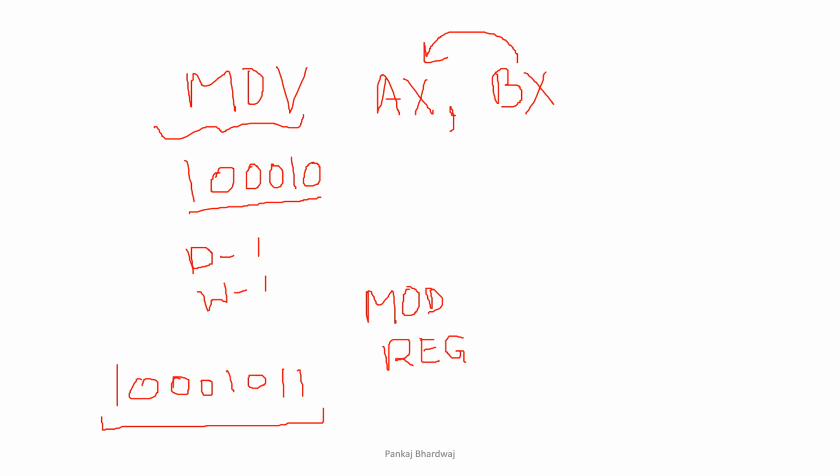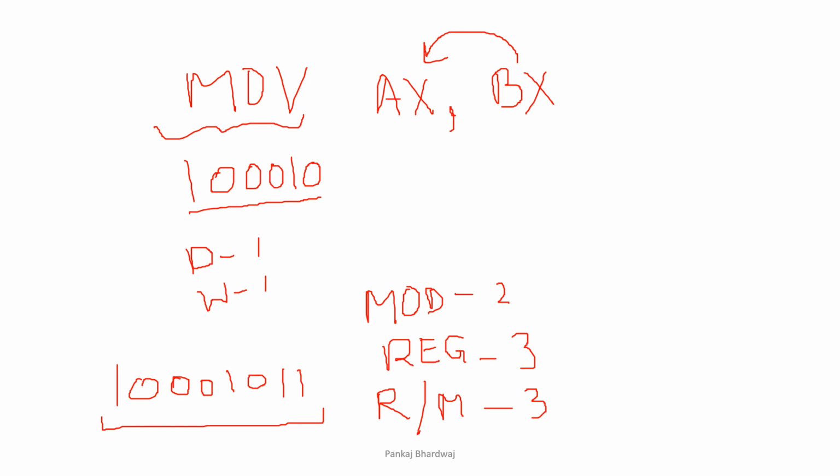MOD is mode of operation field, the addressing mode field, and R/M tells whether the mode of operation or addressing mode is register related or memory related. So it's 2 bits, 3 bits, and 3 bits, right?